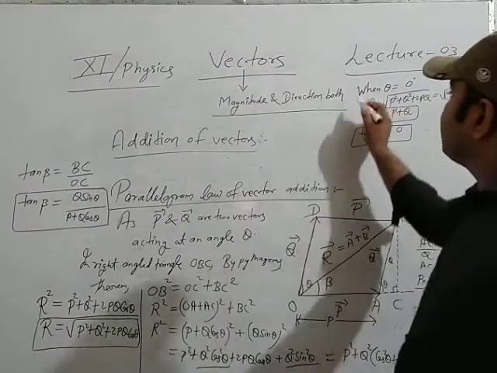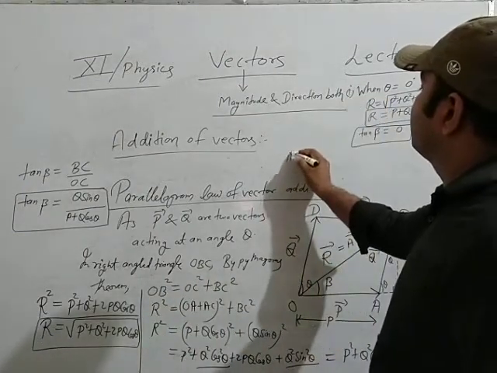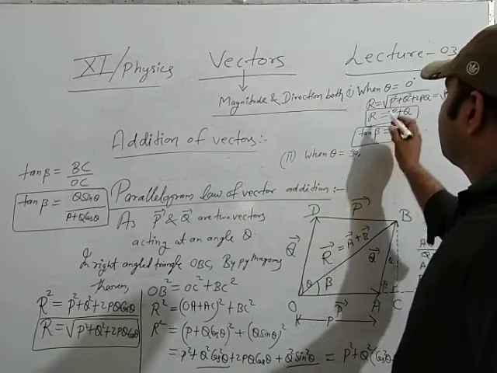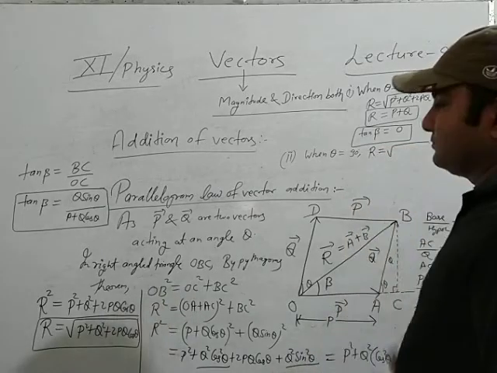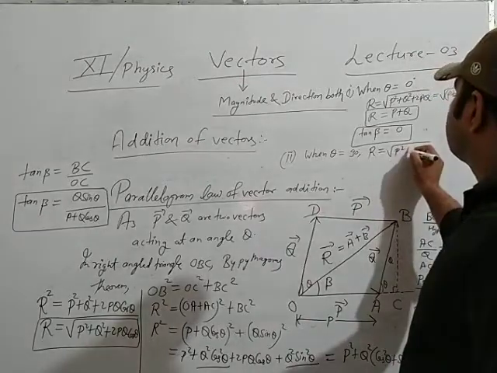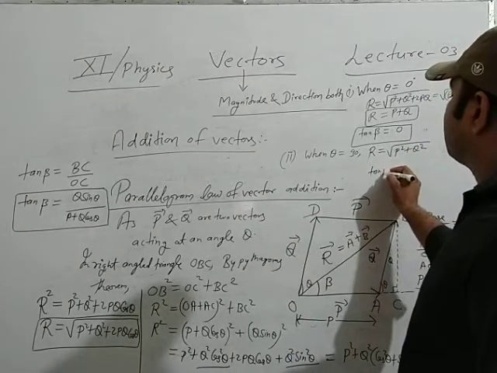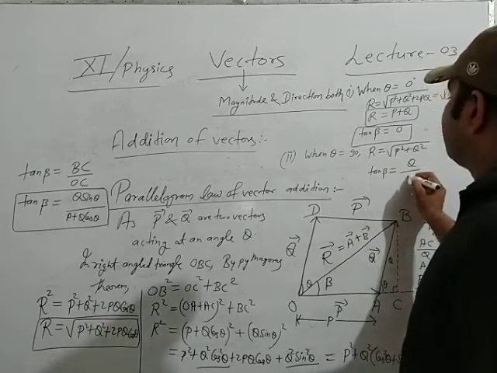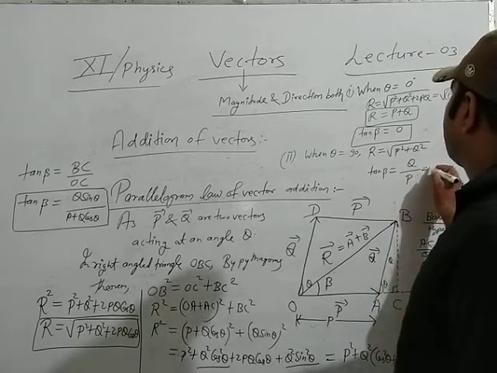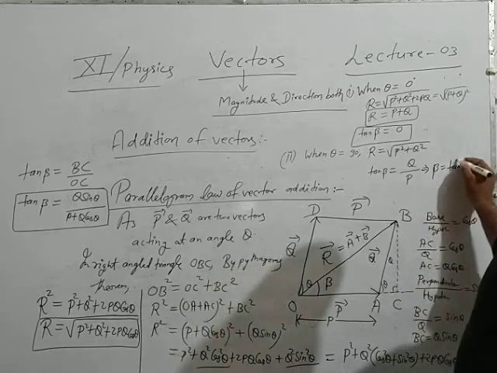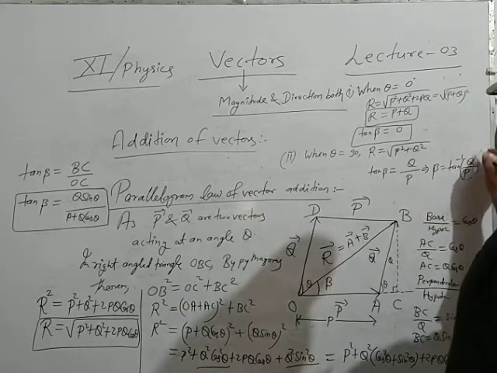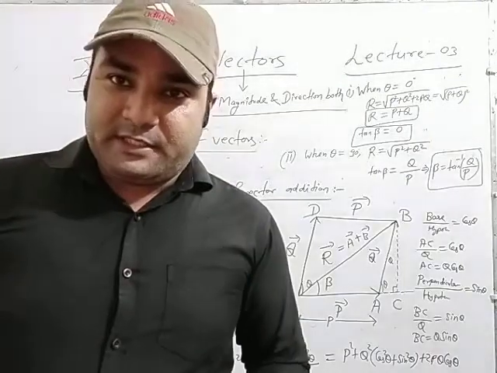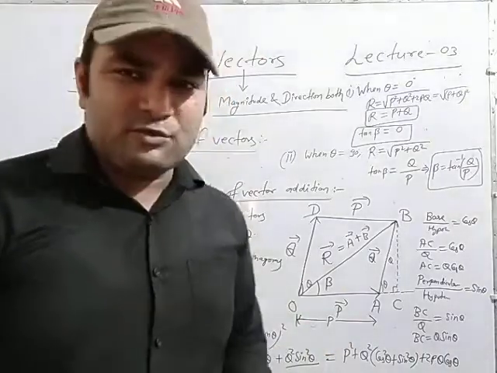And second case, when theta is equal to 90 degree, then R is equal to, cos 90 is 0, so square root of P square plus Q square, and tan beta is equal to Q sin 90 upon P plus Q cos 90, cos 90 is 0, so Q upon P. Beta is equal to tan inverse of Q upon P. So in this way we can discuss any case, either at 180 degree or at 270 or 360 degree.